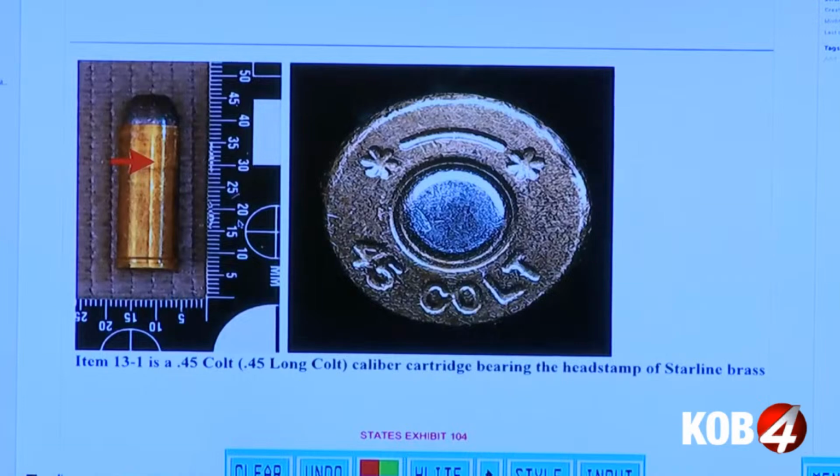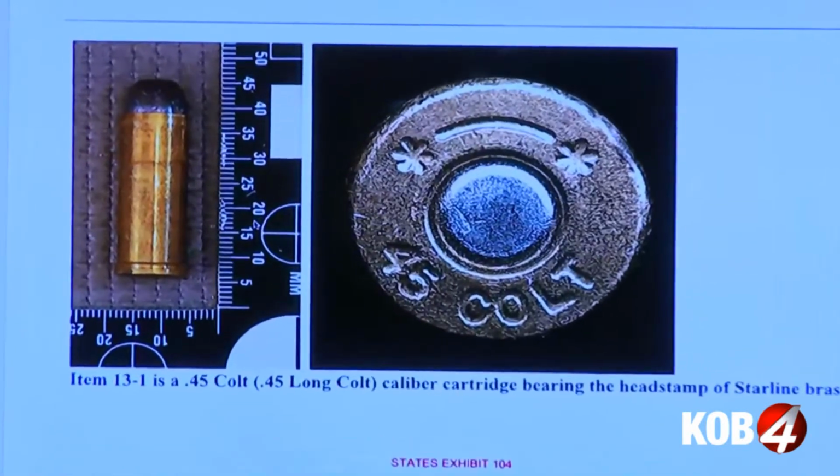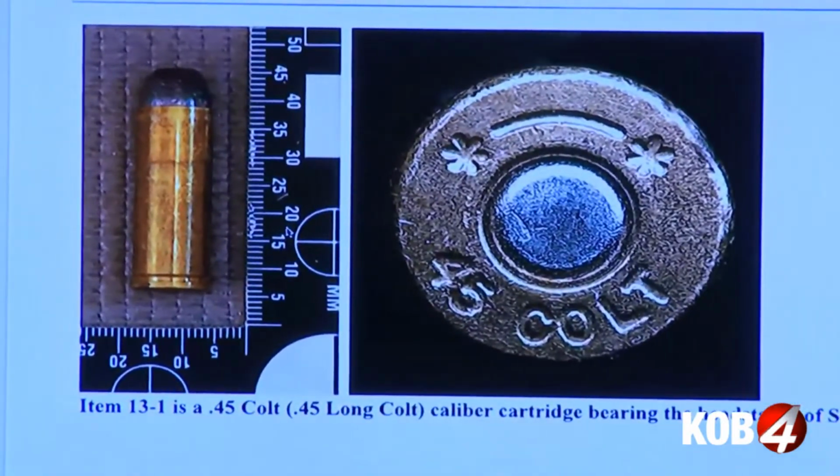State's Exhibit 104. What's this? This is actually 2 additional images of that cartridge that I just pointed out on the screen. So this is a side view of the cartridge on the left and an image of the head stamp region on the right.